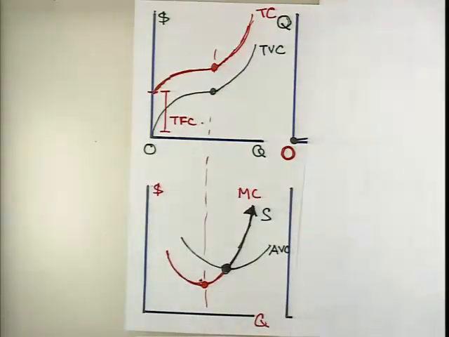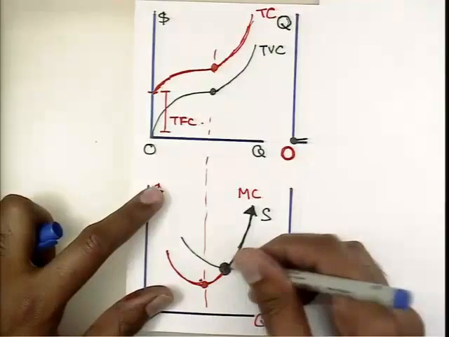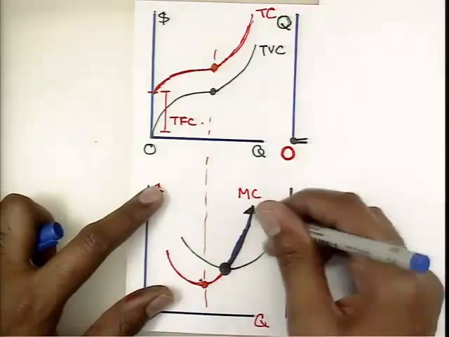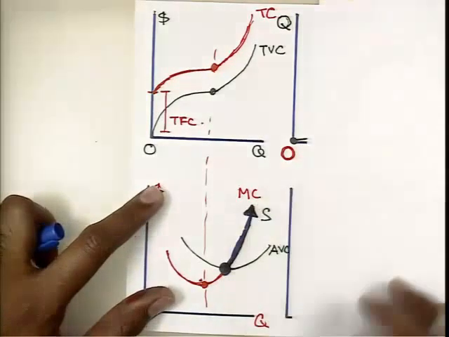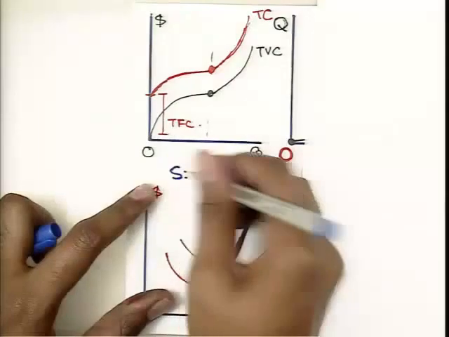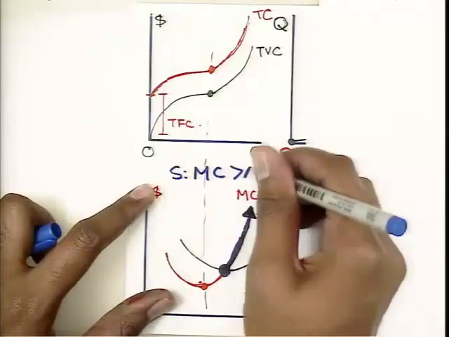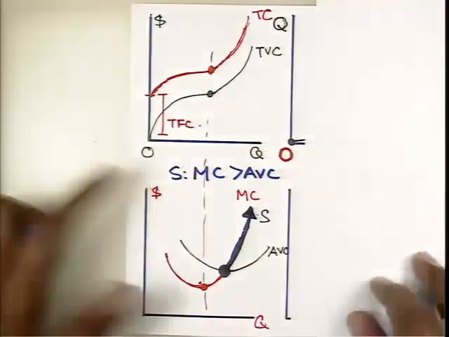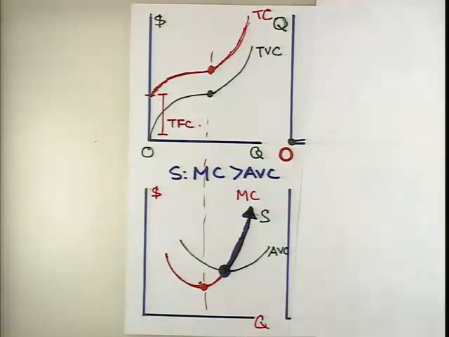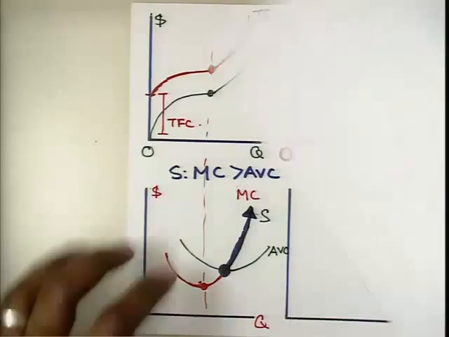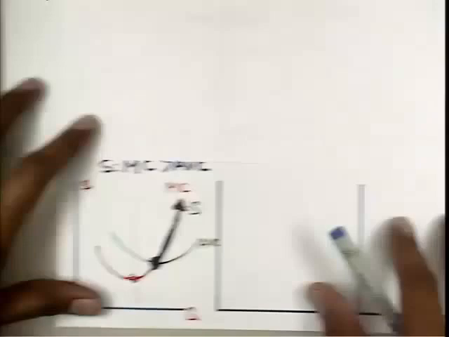The supply curve is not the entire marginal cost curve, but the supply curve is just the portion of the marginal cost curve above average variable cost. Again, that's only for one firm.